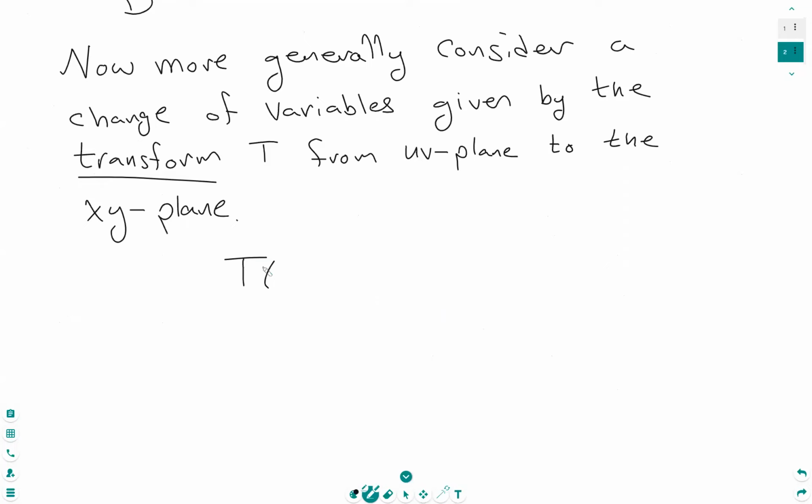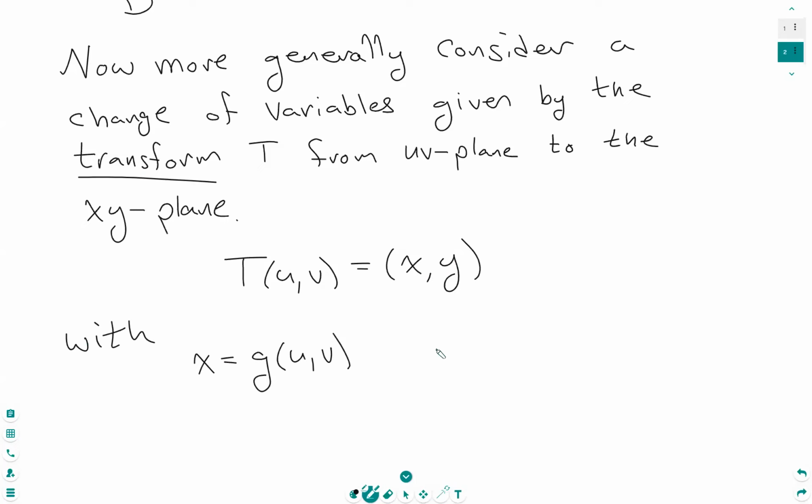So if I take this transform, that's a function of two variables, and I input U and V, I get X and Y. So it takes some coordinate U and V and gives us a new coordinate in X and Y. And maybe we can write out that X is equal to some function of U and V, as well as Y as a function of U and V.